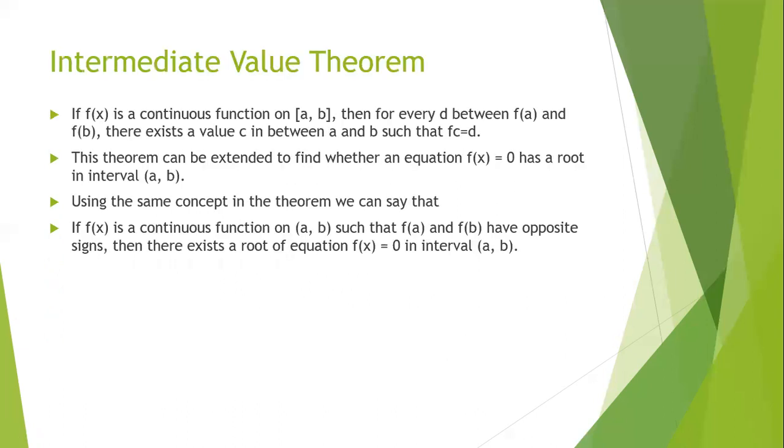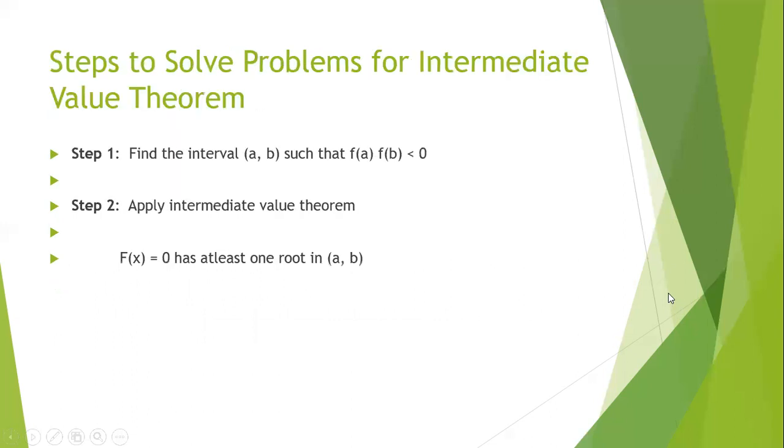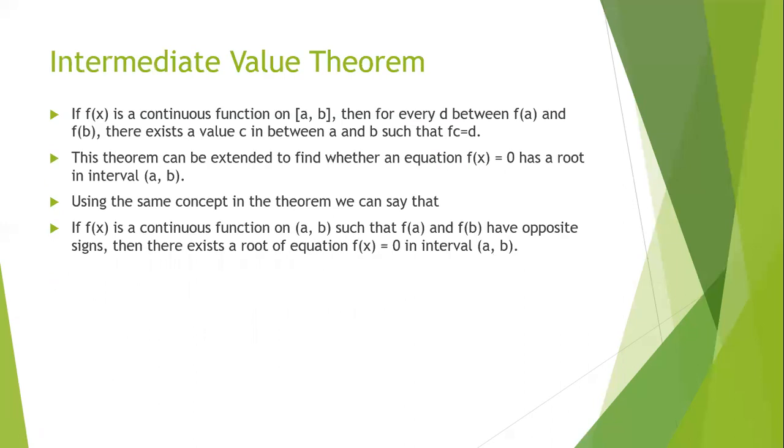Next one is the intermediate value theorem. If f of x is a continuous function on a, b, then for every d between f of a and f of b, there exists a value c between a and b such that f of c is equal to d.